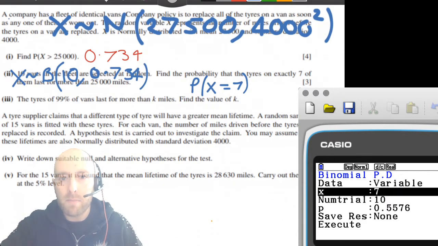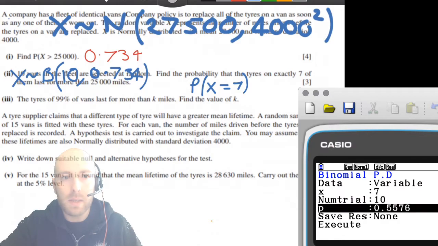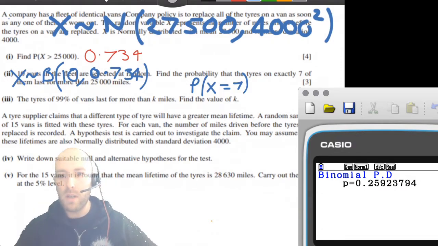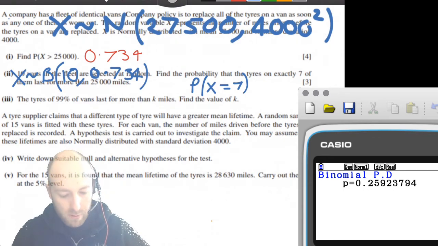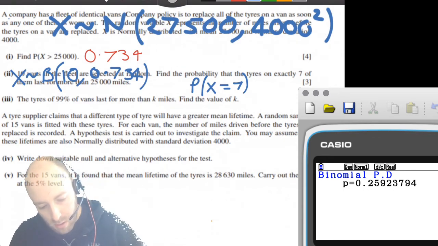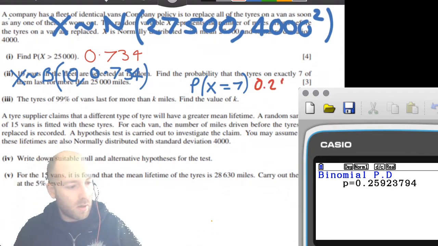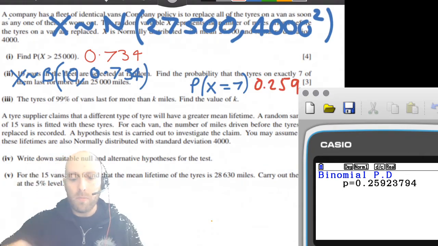So x is 7, number of trials is 10, p is 0.734. It equals, there you go, 0.25259. So 0.259. Cool. Everyone keeping up?